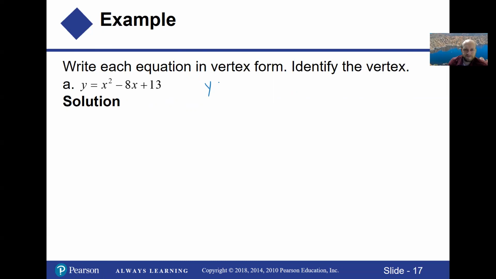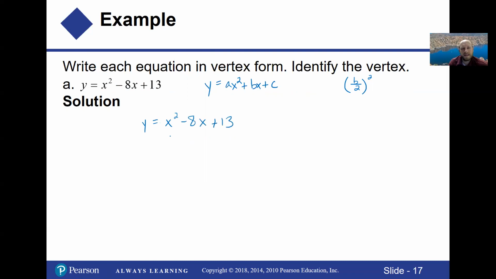Remember that the standard form that we talked about in section 11.1 is y equals ax squared plus bx plus c, and what we're going to be using here to complete the square is b over 2 squared. You can see here that x squared minus 8x plus 13 is not factorable.